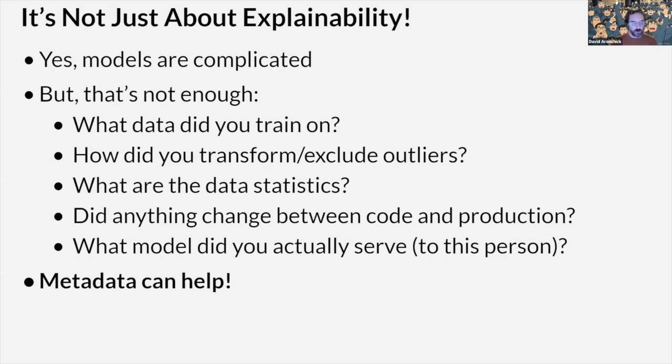That happens all the time. And especially in ML, where literally changing the drivers can change the way that you do inference. And then, what model did you actually serve to this person? When you go back and look at that user ID, what did she actually get her result from? This is where metadata can help.